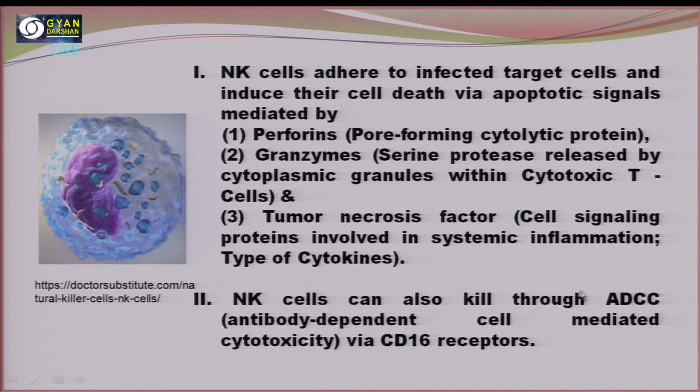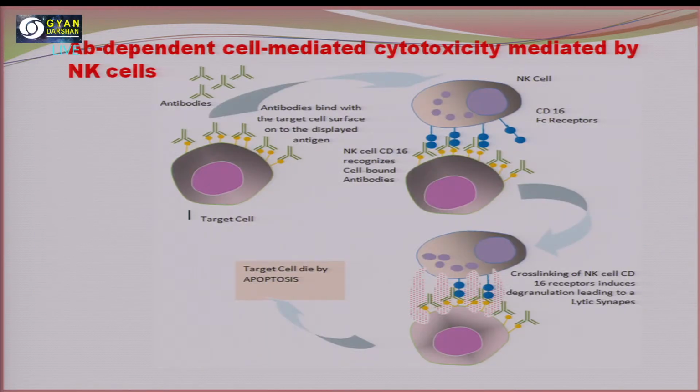NK cells can also kill through ADCC, antibody dependent cell mediated cytotoxicity, via CD16 receptors. You can see here the target cells. The antibodies bind to the specific cells, tumor cells or virus infected cells.